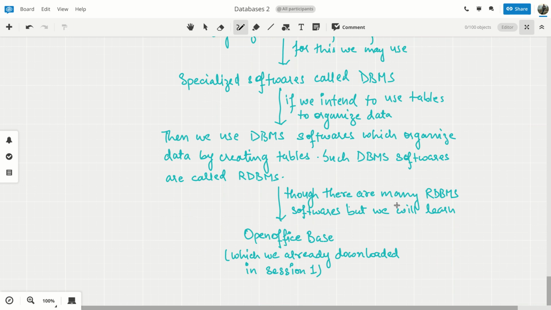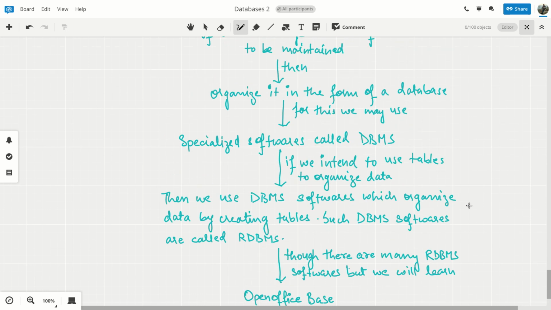Though there are many RDBMS softwares, as per our syllabus and curriculum, we will be learning and exploring one particular RDBMS, and that is OpenOffice Base, which we have already downloaded, hopefully in session 1.